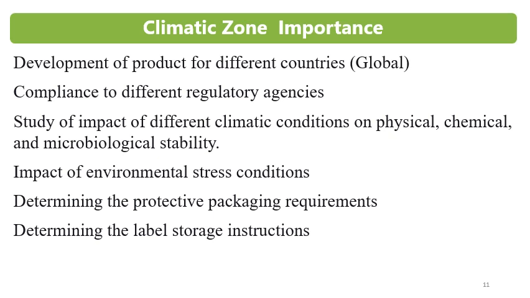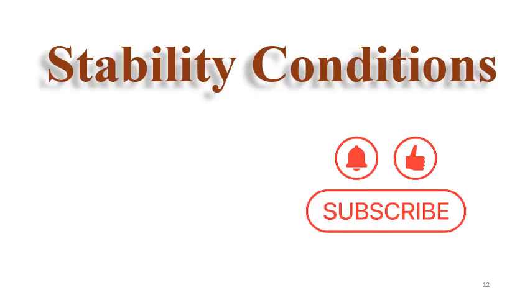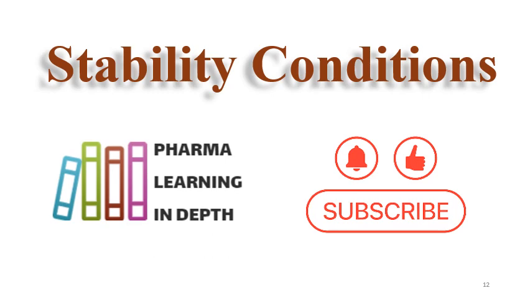Then also these conditions are required to be studied for determining the label storage instructions. So this is regarding the climatic zones and the stability conditions based on the regulatory requirements, and based on the product filing in a specific country, the stability conditions can be decided.